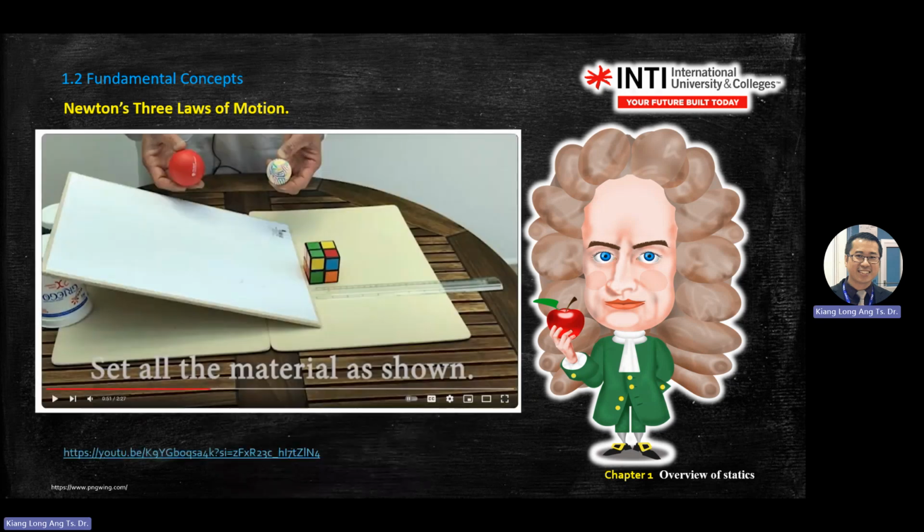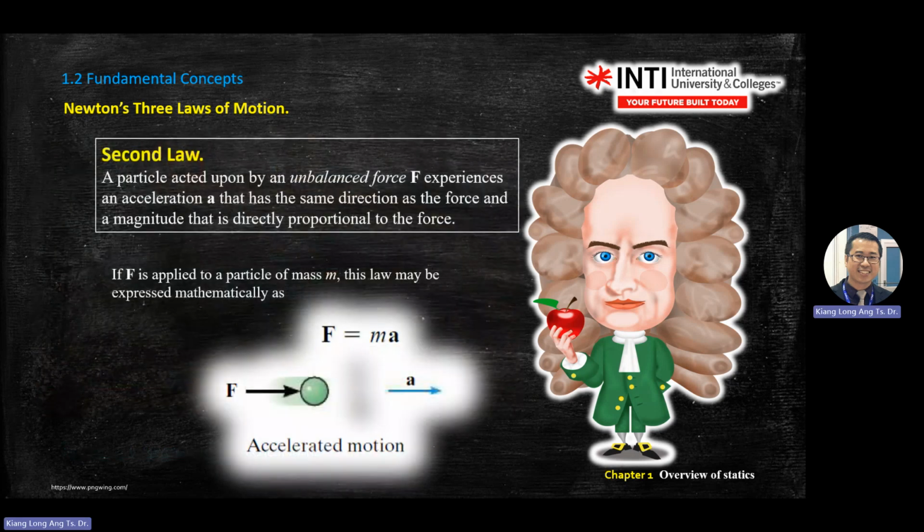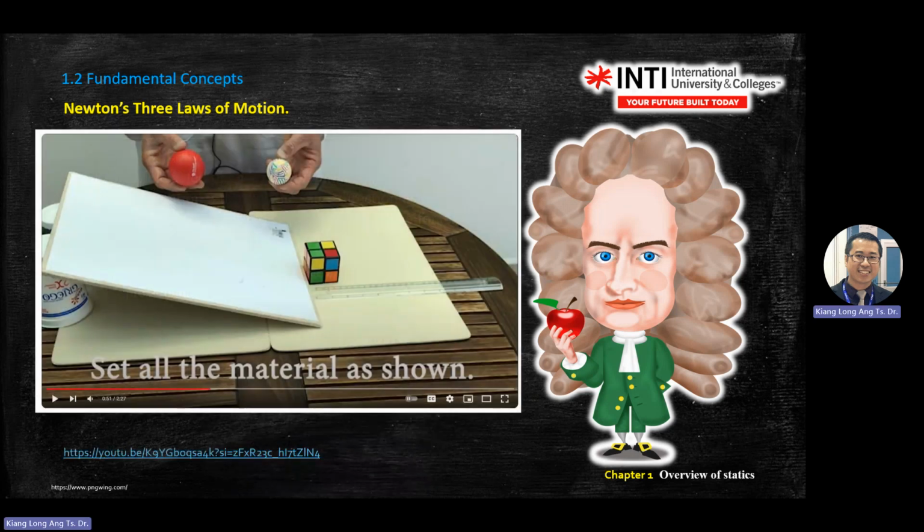This one is to see the effect of mass, using these simple games. There are two balls and a board with a slanted angle. When you release a ball, it will glide and hit something. This ball is heavier than that ball.